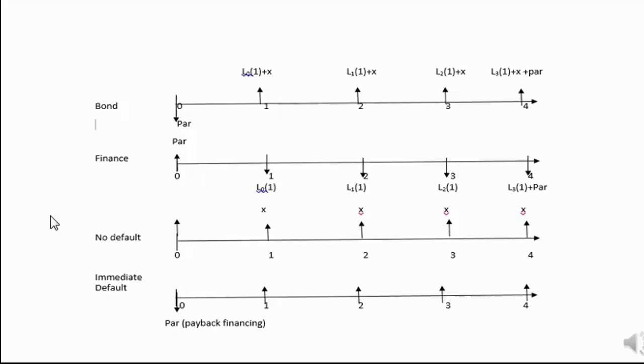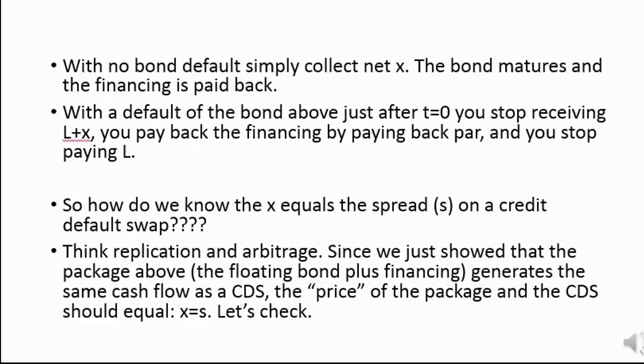So from this scenario, can we figure out the price of a credit default swap? In other words, the credit default swap's spread. Let's continue here. Now, how do we know that we can do this? Well, think of replication and arbitrage.